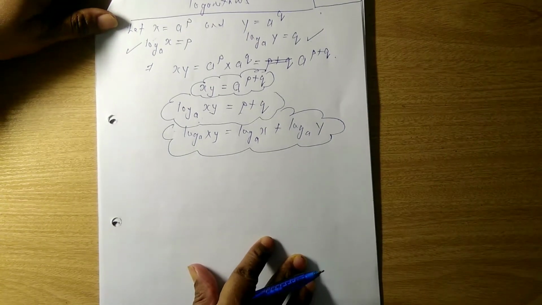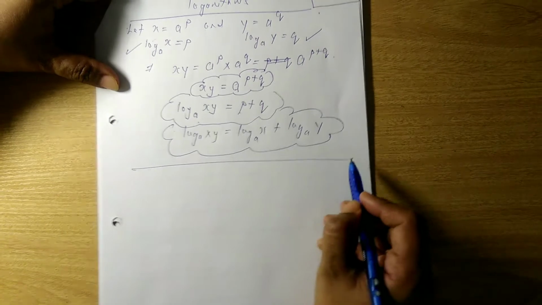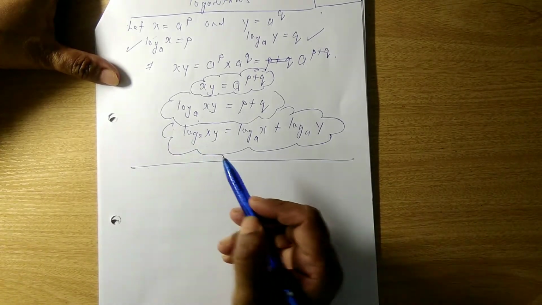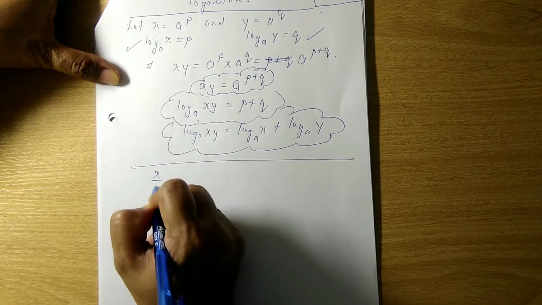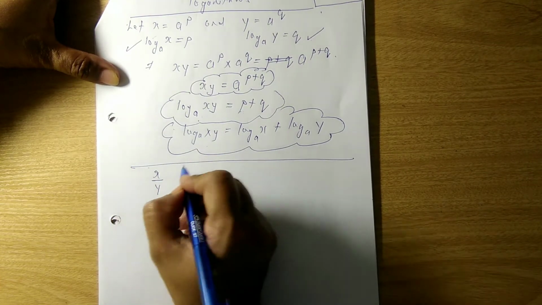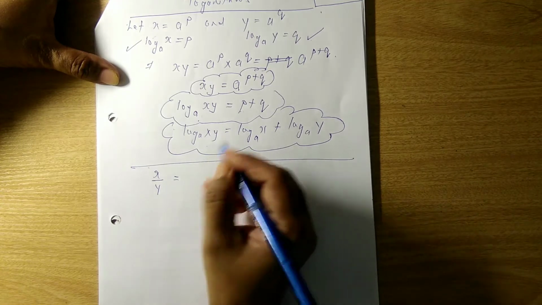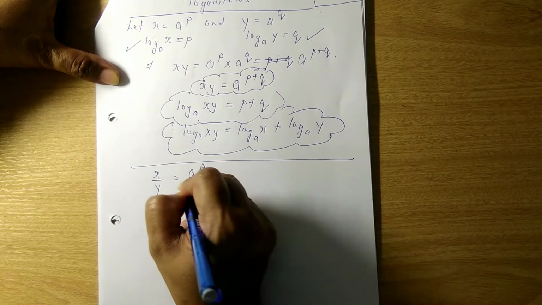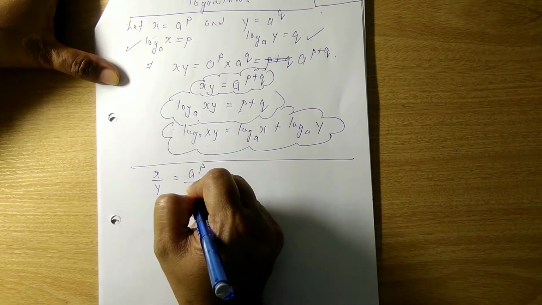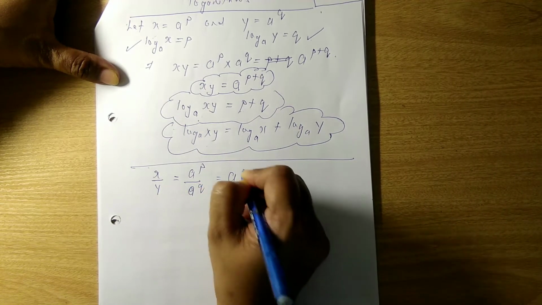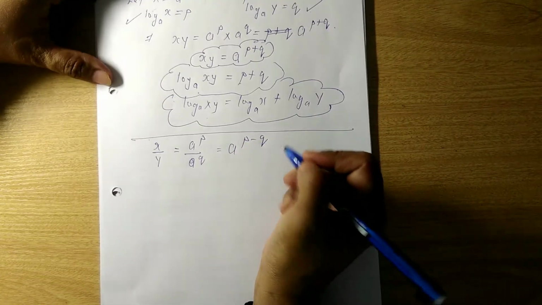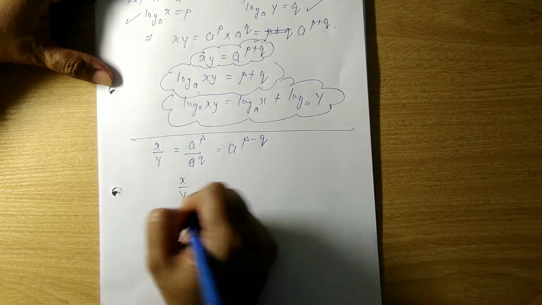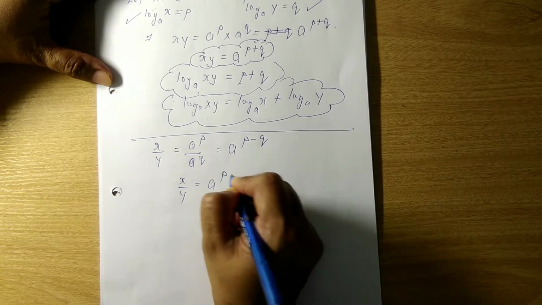So that's my first law. This is when we multiply, the product of x and y. Now the second law: let's take the division or quotient, x over y. x is a to the power of p, y is a to the power of q, so this becomes a^(p minus q). Converting to log, log base a of x over y equals p minus q.